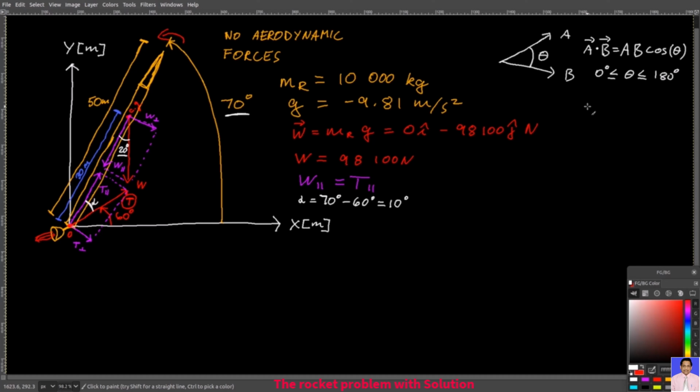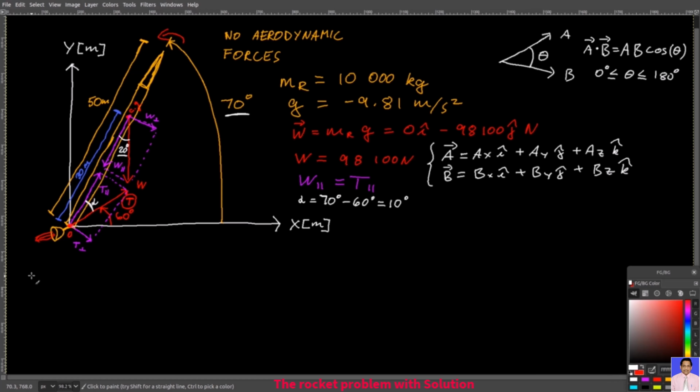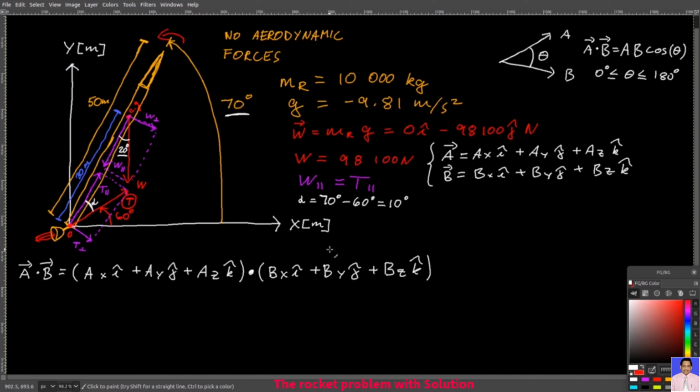But now, let's generalize the dot product and try to write it using the unit vectors, considering that the A and B vectors are both three-dimensional vectors. In other words, if I say that this is the A vector and this is the B vector, then their dot product will be like this. A dot B, that's the A vector, dot, that's the B vector, and so let's write it out.